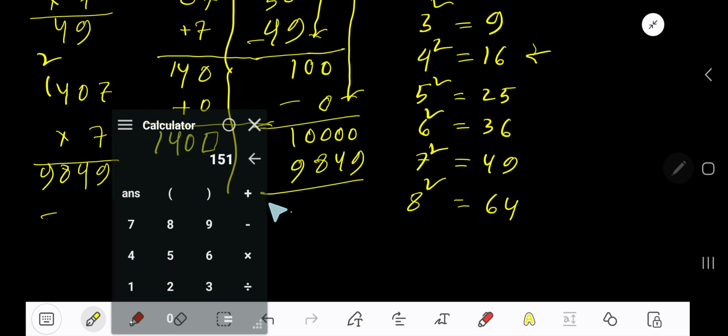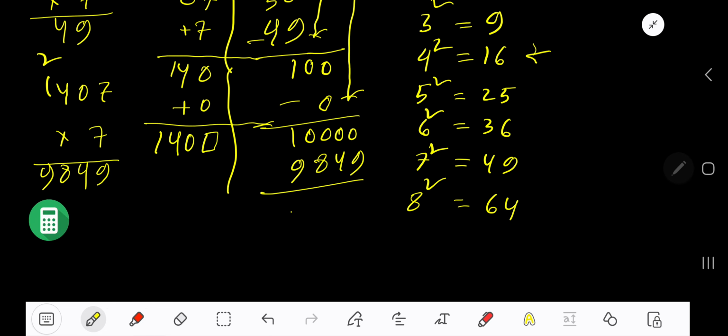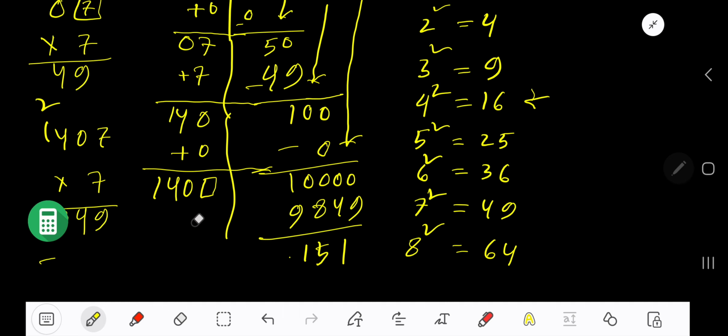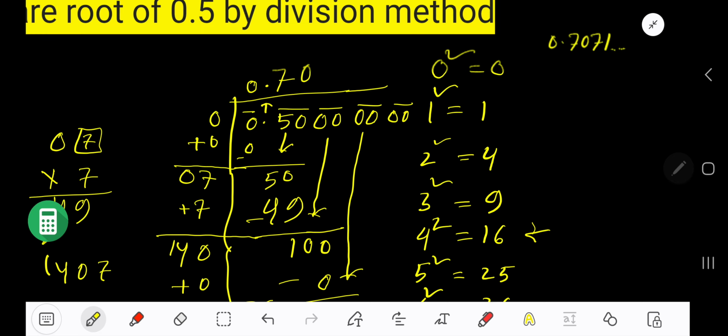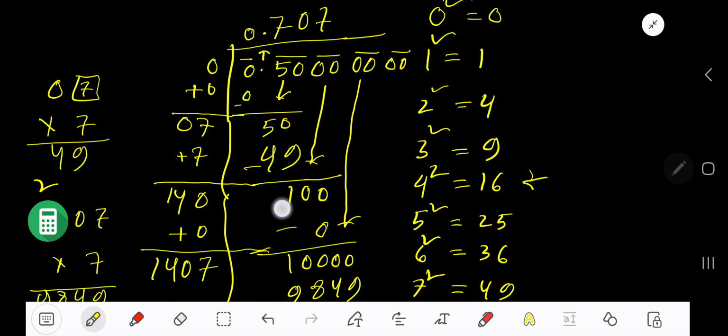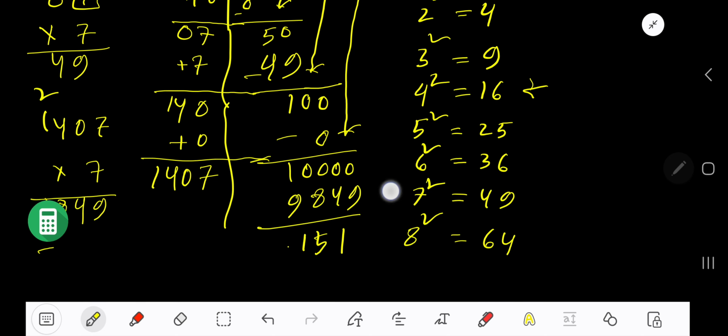So you are getting here what? You are getting here 151. Okay, take 7 here. 151 is less than this, so our assumption is correct. Take 7 here.